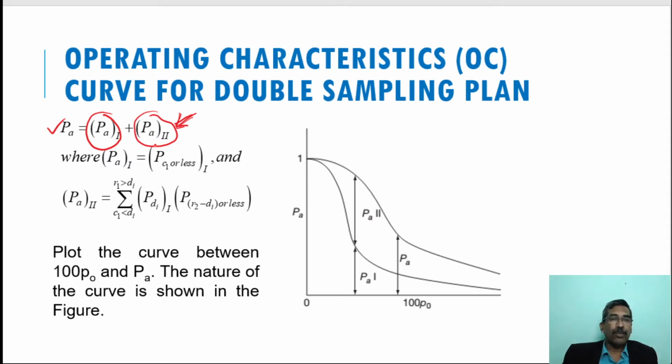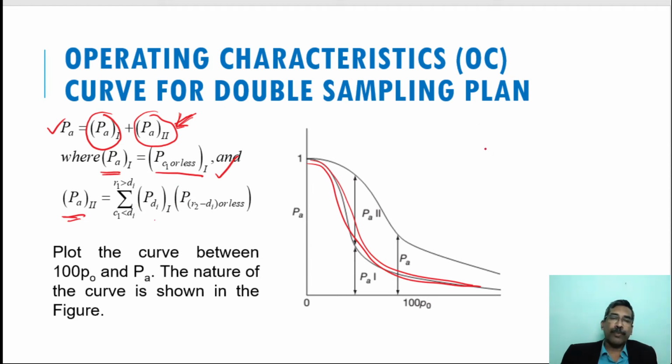So here you can see that PA1 will be PC1 or less, which we have already discussed in the first example. So this is based on the single sampling plan. Now PA2 will be conducted when the number of defective in the first sample is in between C1 and R1.